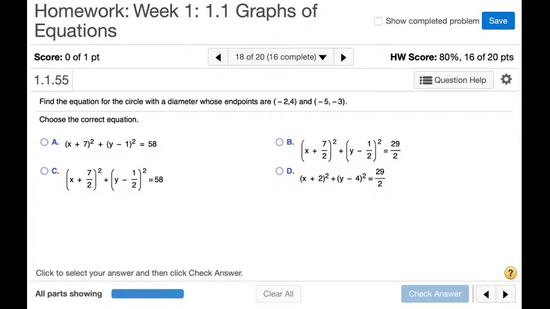Okay. So that's the coordinates of the center. So then if we say x minus h, that's going to be x plus 7/2 squared plus y minus a half squared equals 58 divided by 4.